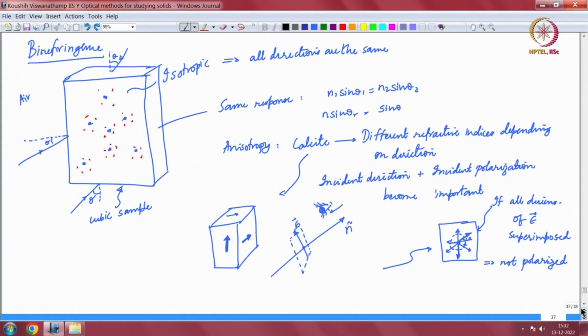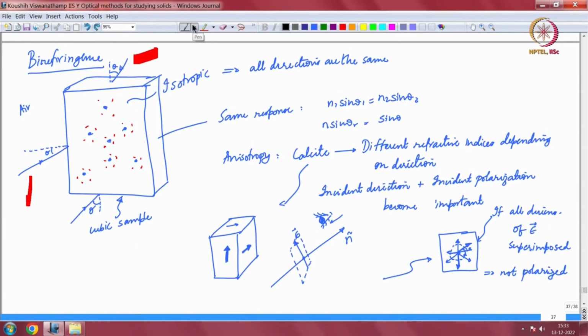Alright, so then we came to birefringence, and this is what we will start discussing today. I told you that in a typical material, let us say a glass or some polymer, the material is usually isotropic, which means it is the same in all directions. So if light is incident in any of these directions shown here, it is going to react in the same way.